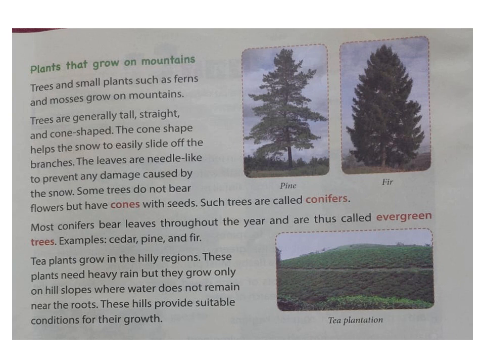Most conifers bear leaves throughout the year and are thus called evergreen trees. Means what are the evergreen trees? The trees which are not shedding their leaves throughout the year. Examples of the trees which grow on the mountain areas: cedar, pine and fir. Before also two were there, fern and mosses.